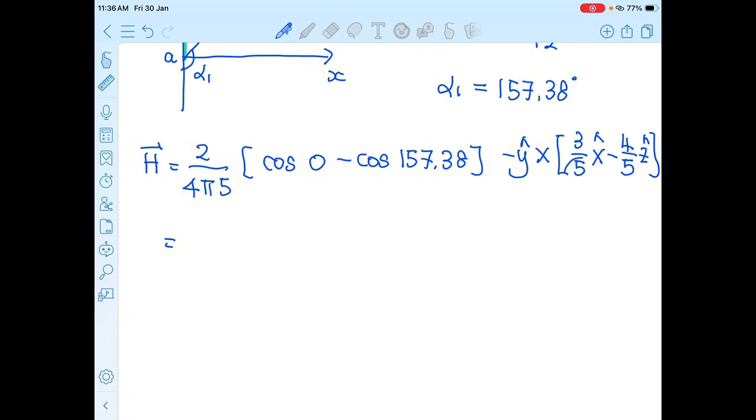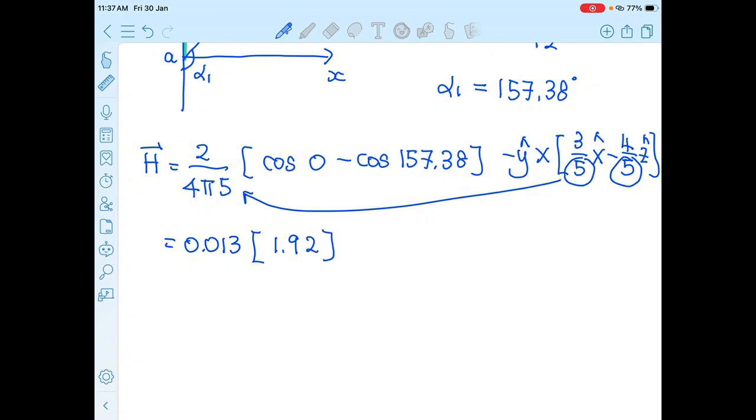So I will bring this thing inside, okay, inside here. Okay, get 0.013. Okay, cos 0 minus cos 157.38. Okay, 1.92.